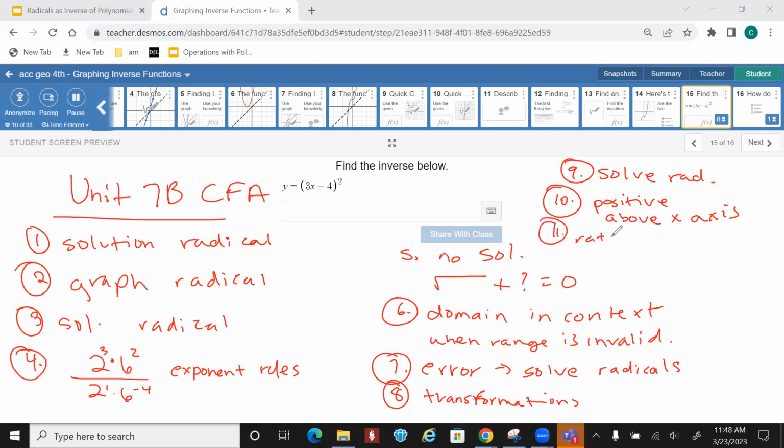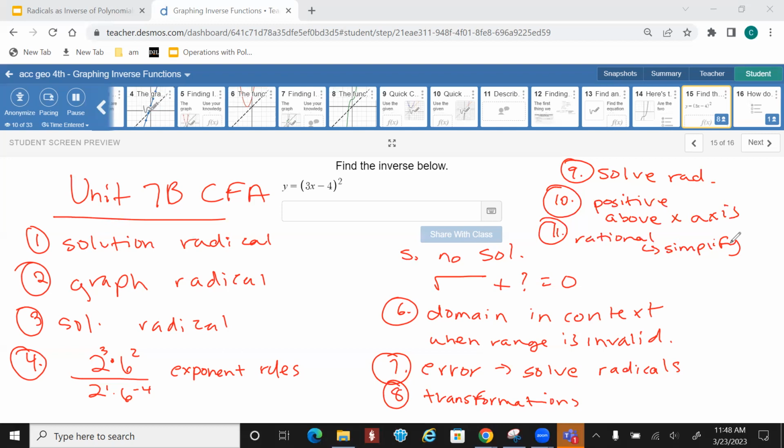It's talking about rationals, and you've got to simplify this. Remember, our shortcut for number 11 is take the original, plug it into Desmos, take your answer choices, plug them in Desmos. Whichever one graphs over, that's the right one.